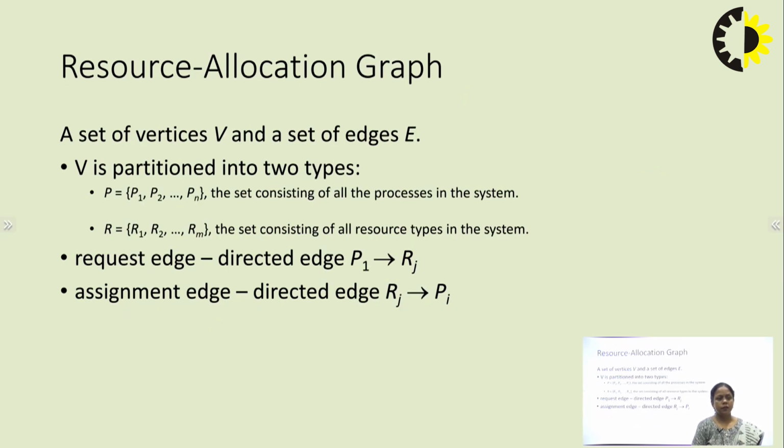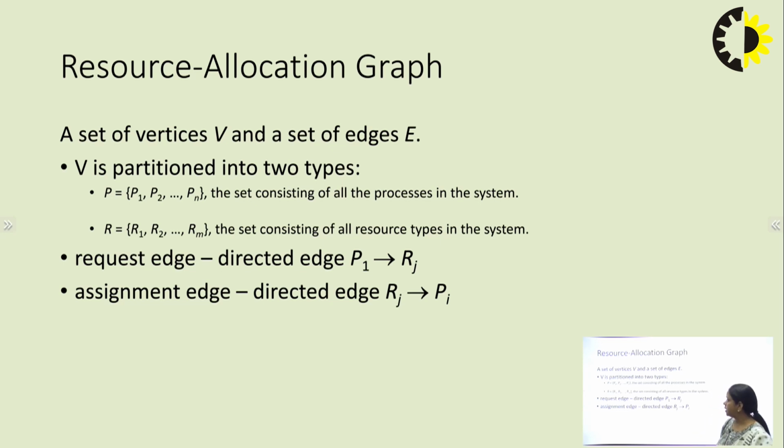Resource allocation graph. Now we will understand what is the meaning of resource allocation graph. This is a graph where we have a set of vertices V and a set of edges E. V is partitioned into two types. V is our vertices, and we have two different types of vertices. First for the processes, and another one for the resources. P is the set of processes, and R is the set of resources.